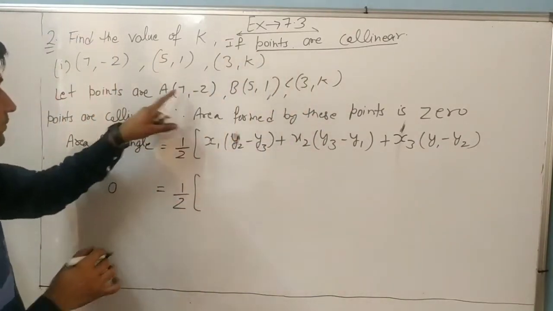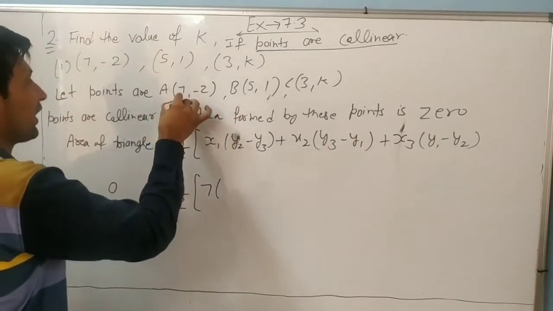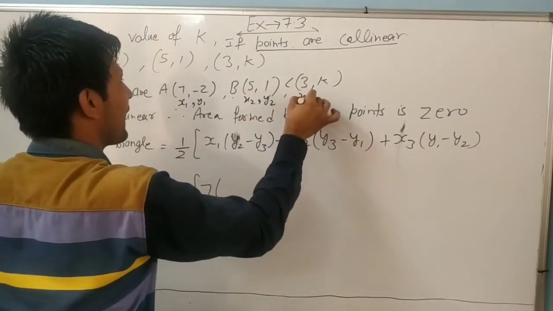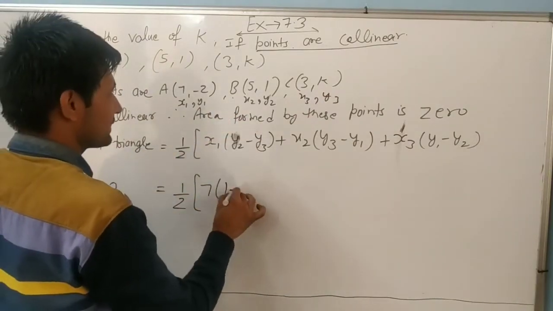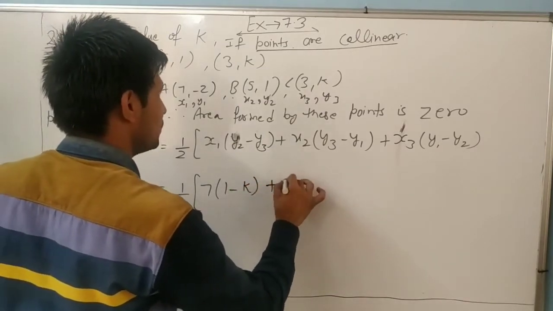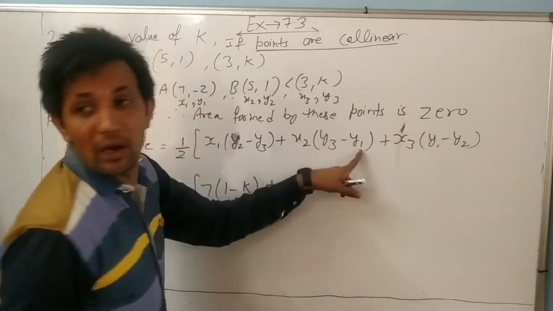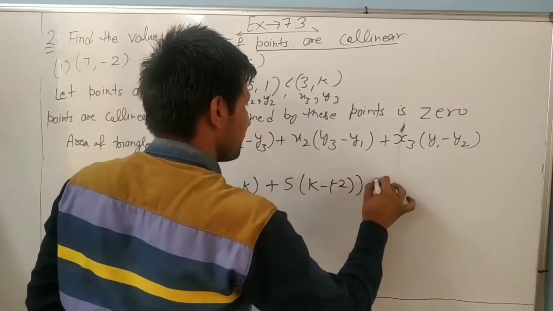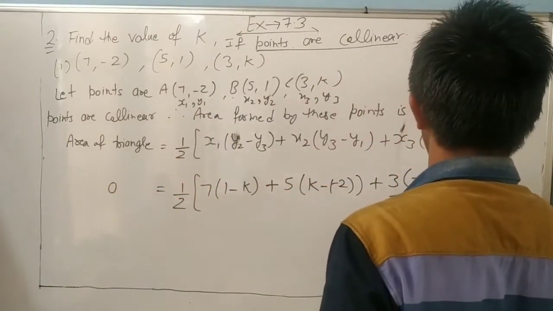So x1 is 7, dear, y2 is 1, minus y3, which is k, plus x2 which is 5, times y3 which is k, minus y1 which is minus 2, so we use a bracket, minus (-2), plus x3 which is 3, times y1 minus y2, that is -2 minus 1.